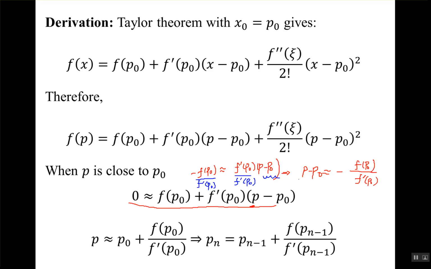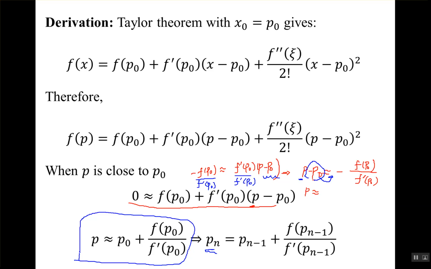Keep in mind, we want to solve for p. So at the end, p is approximately equal to p0 minus f of p0 over f prime of p0: move this to the other side, and that's what we have. Based on this we develop Newton's method.